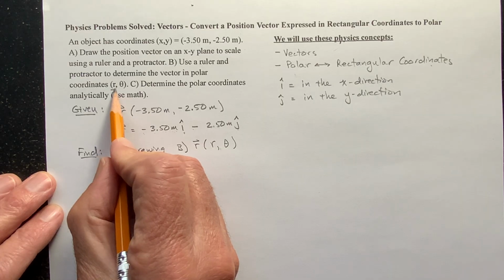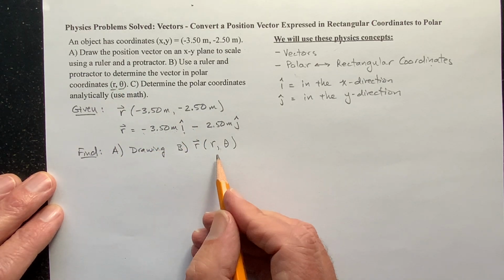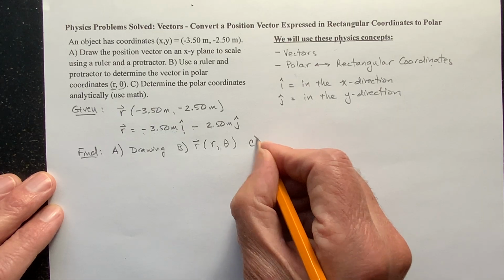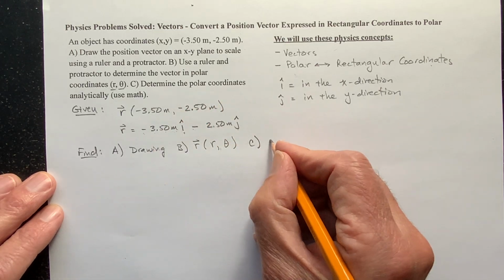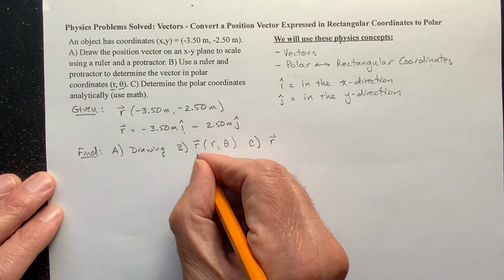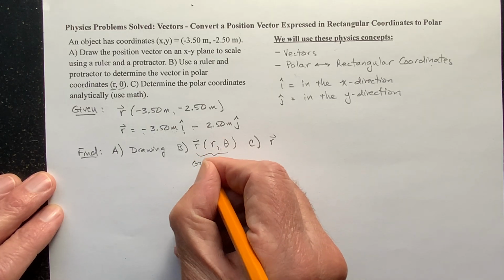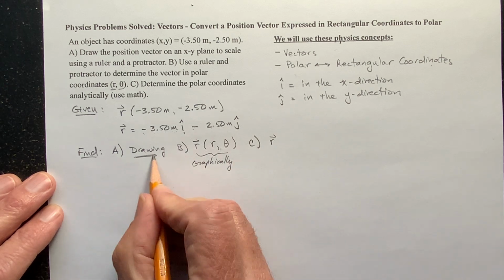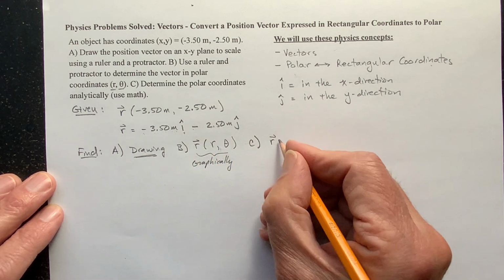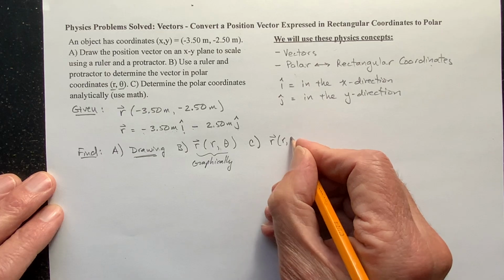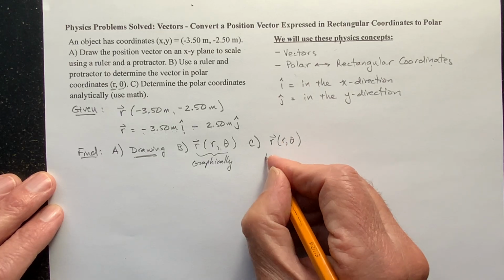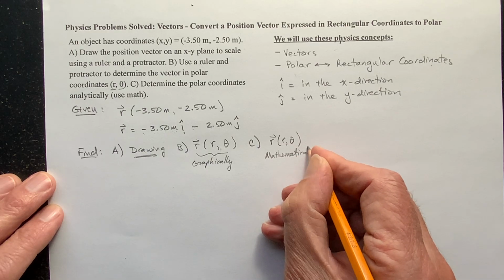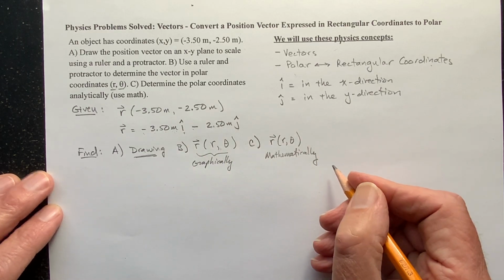So the magnitude is r, the direction is theta, and we'll talk about that. This we want to do graphically. We want to use this drawing to graphically solve this, and then here we want to find it mathematically. Okay, so that's what we're going to do.